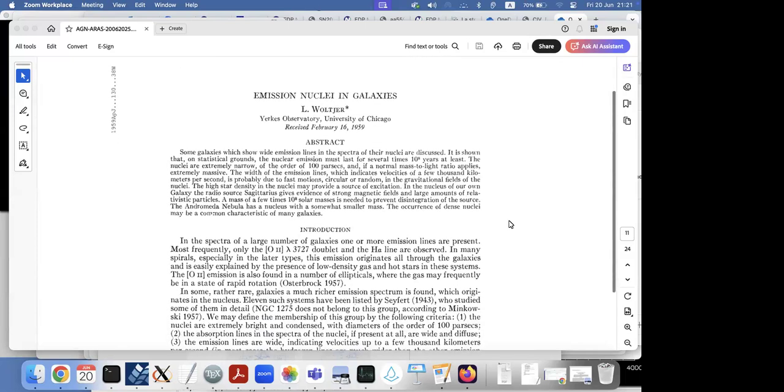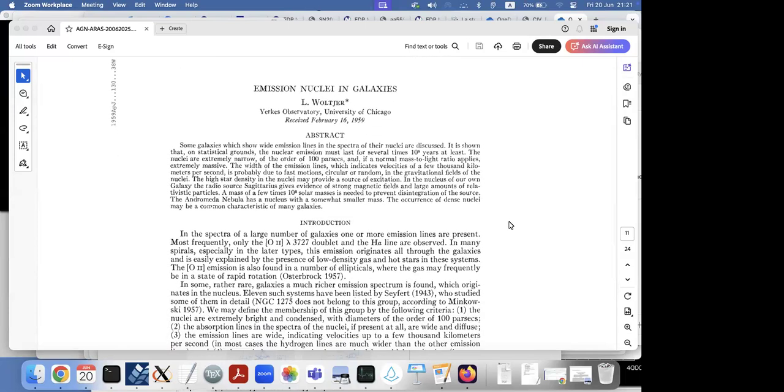We then jump, amazingly, more than a decade to 1958, this paper by Vulture. The comparison between this paper and Seifert, I want to emphasize, is truly amazing.